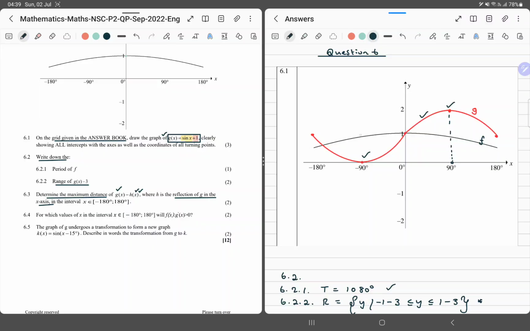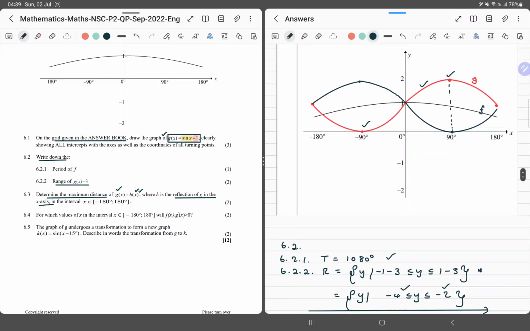No, to 2. Okay? So our reflection would look something like that. And so the maximum distance is just going to be 2 units.